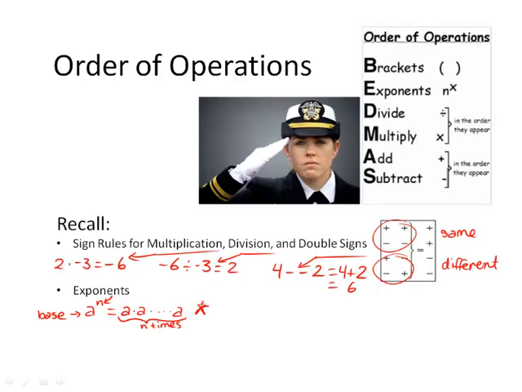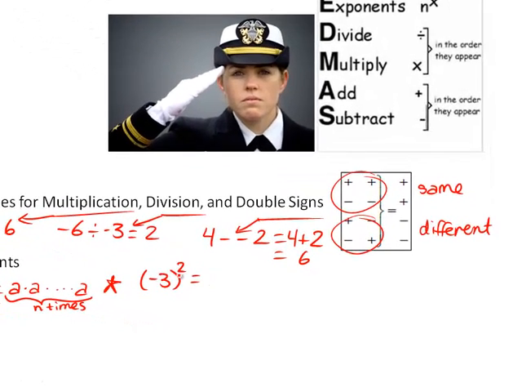A very important example regarding exponents is when you have brackets mixed into exponents. So let's say you had -3 in a bracket squared. In this case, the square is right on the bracket, meaning you're going to square the bracket.